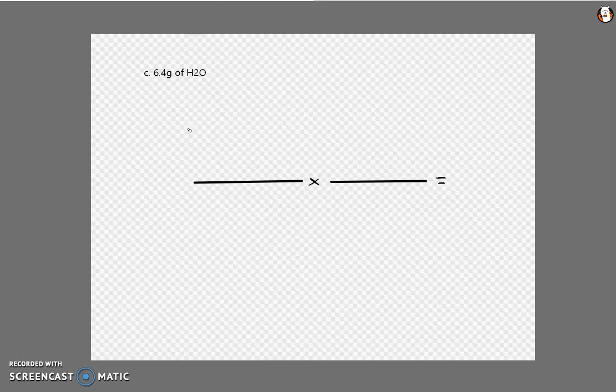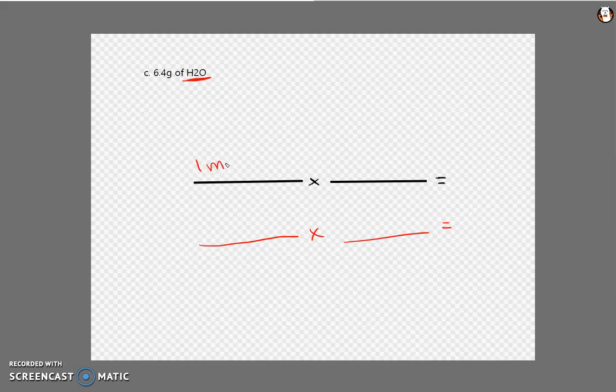Okay, so for this one, you have to find the molar mass of H2O. So let's just do this right here too. Okay, so oxygen, there's no number next to it. We'll start off with that because it's easier.